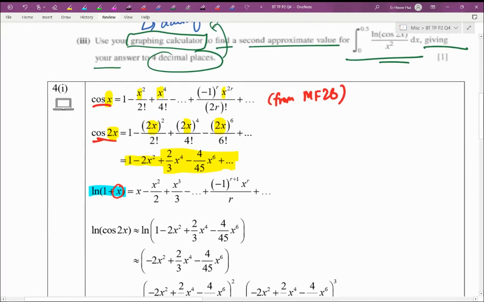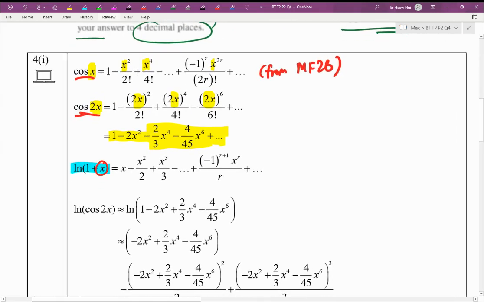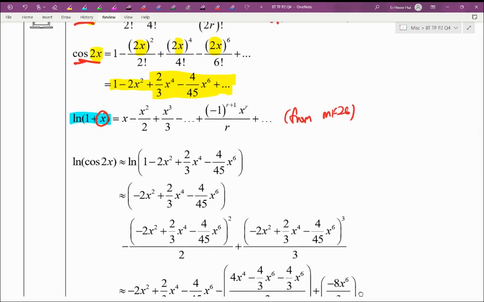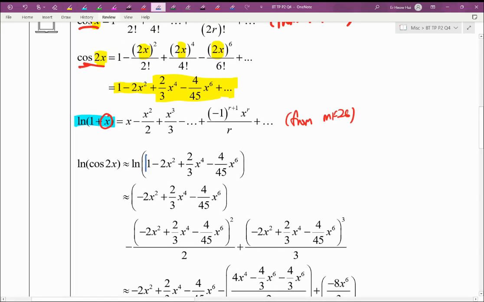So, with this in mind, looking at the expansion of ln(1 + x), again from MF26, we now move on to find the expansion for ln cosine 2x. So this expansion here is exactly what you saw over here, up to the power of 6.